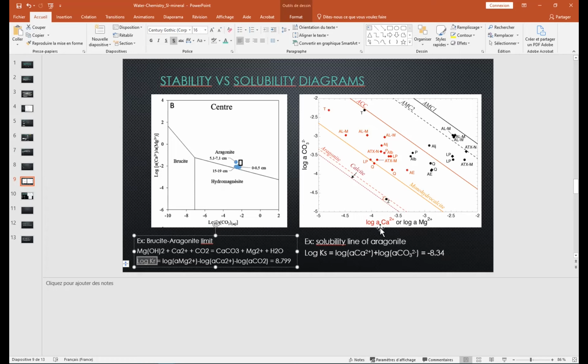So it represents the calcium or the magnesium concentration as a function of the carbonates. And basically the lines are just based on the solubility constant of the reaction producing the mineral.